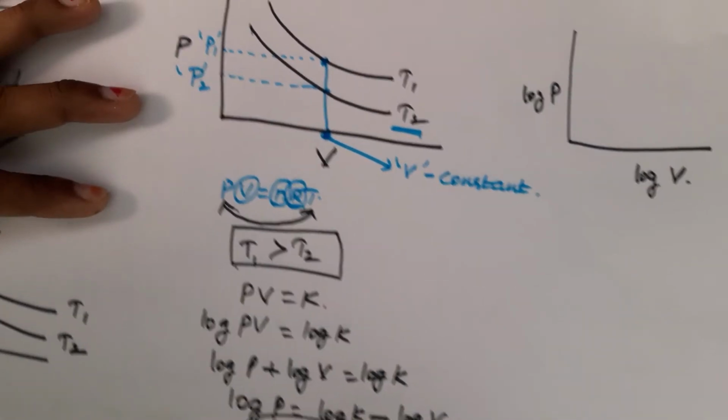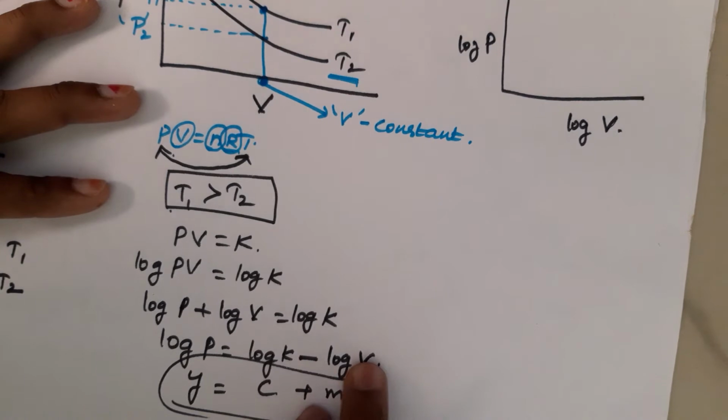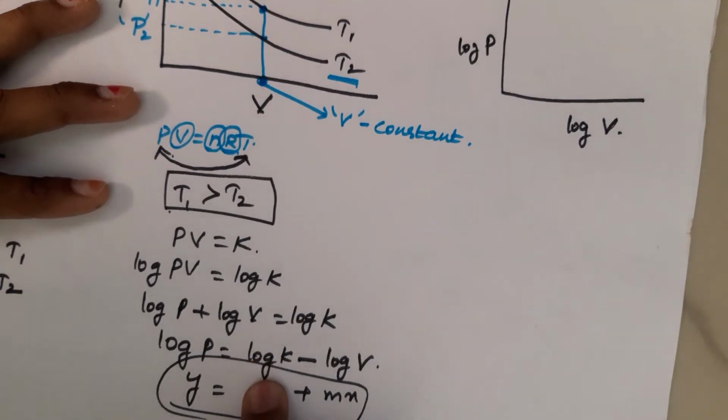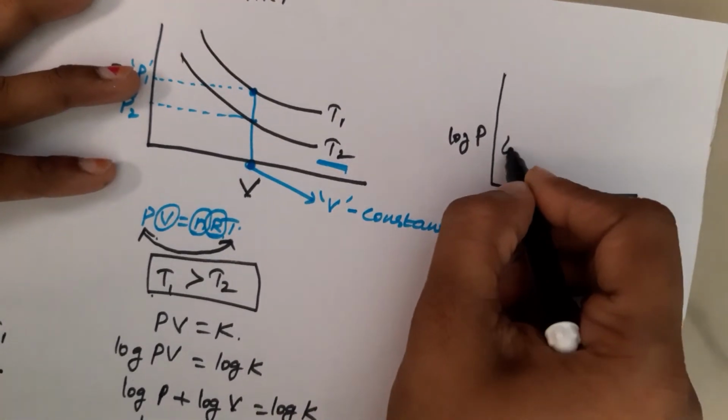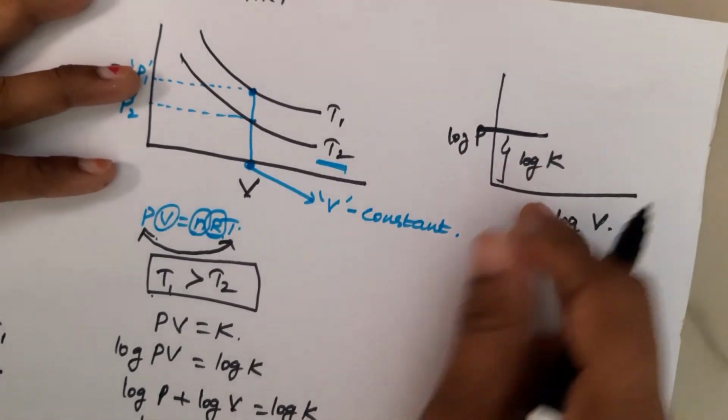Then what is the slope here, students? Here the slope is minus 1. What is the intercept here? Log K is the intercept. That means some intercept is there, some value is there as log K.